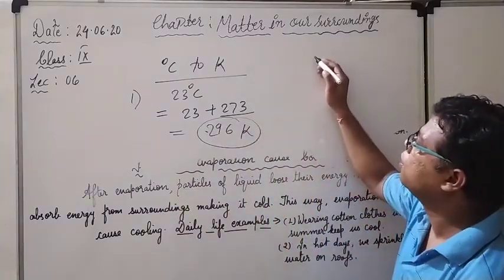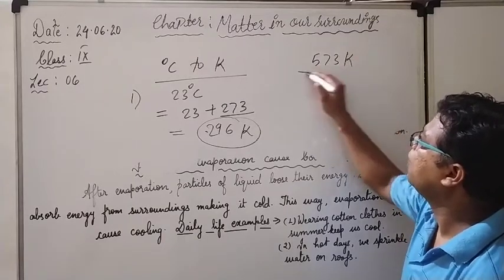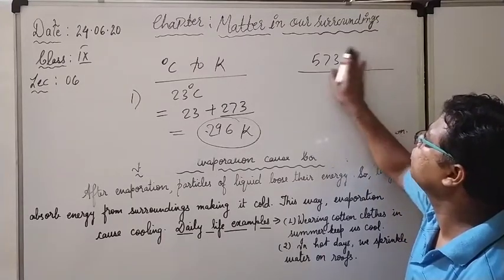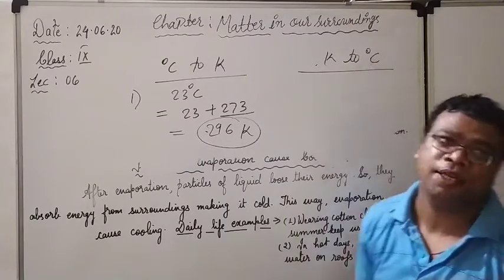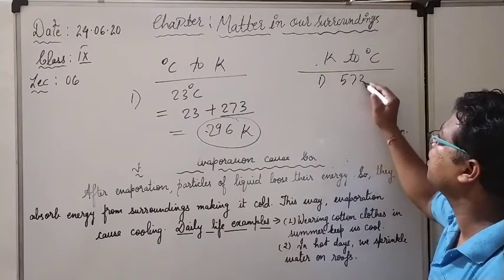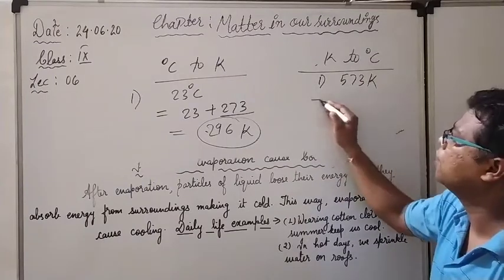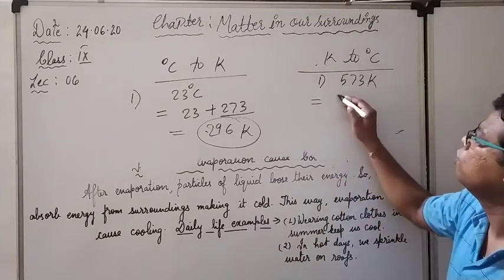For example, you are given 573 Kelvin, and you have to convert Kelvin into degree centigrade. For example, one sample question given to you: 573 Kelvin, and you have to convert this 573 Kelvin into the degree centigrade scale. So what do you have to do?